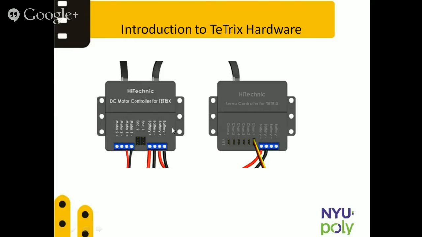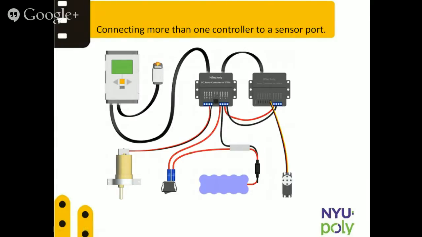So let's move ahead. All right. This is a very basic schematic diagram of how the connection is going to look. We have the brick on the top left corner, and the brick has two connections going out of it.